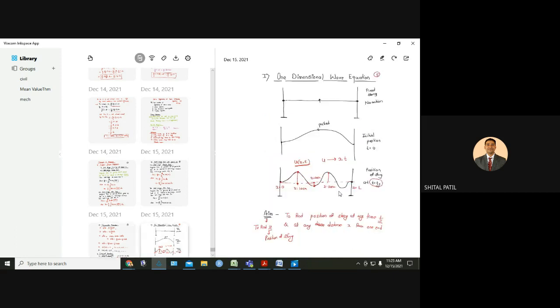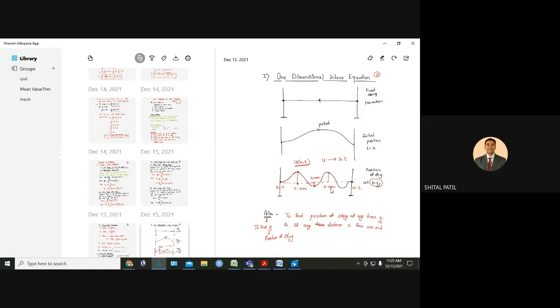Then we started with the one-dimensional wave equation. This is the string whose motion we want to study. Suppose the string is pulled and this is the initial position. This initial position is given in terms of the function f of x. So that will be the fourth condition, known as the functional condition.